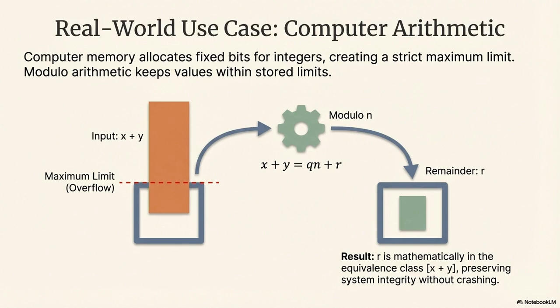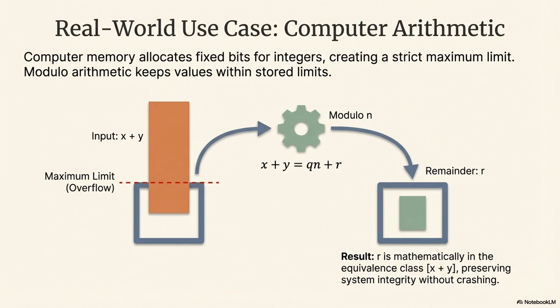So even though the full mathematical sum may exceed capacity, the system remains consistent within modular classes. This is why wraparound behavior in low-level systems is not random failure, but structured arithmetic in an equivalence class setting. Understanding this prevents logic errors in systems programming and security work.